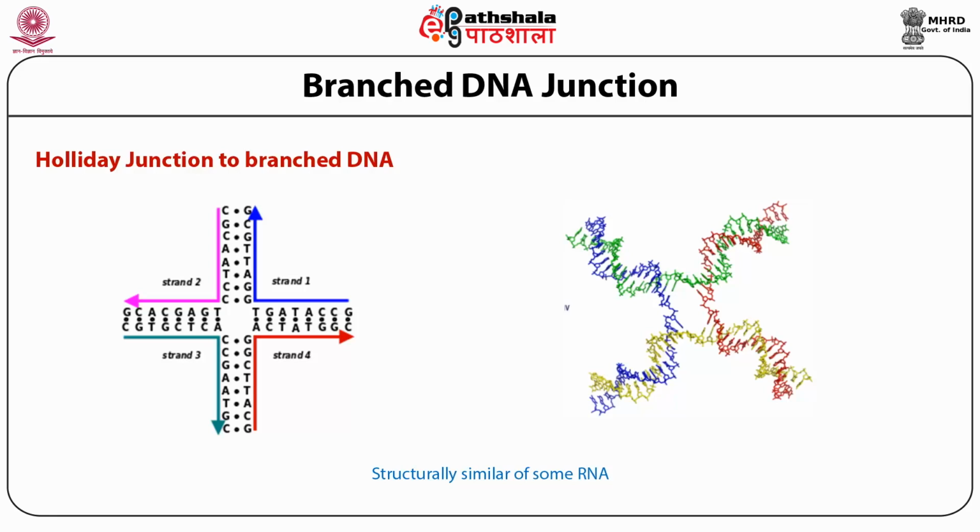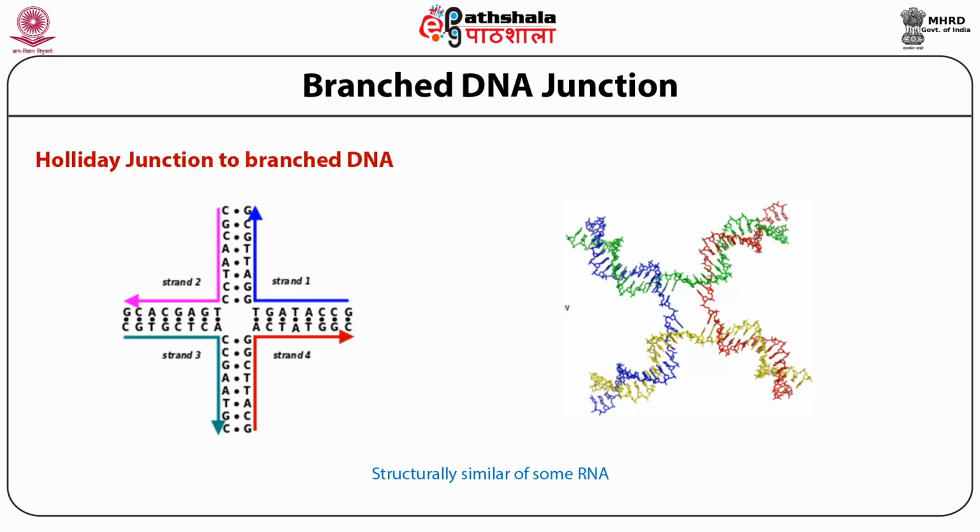And these junctions are also known as Holliday junctions. You can see the structure of the Holliday junction actually looks like the structure of this RNA secondary structure because of this intramolecular loop and stem formation.